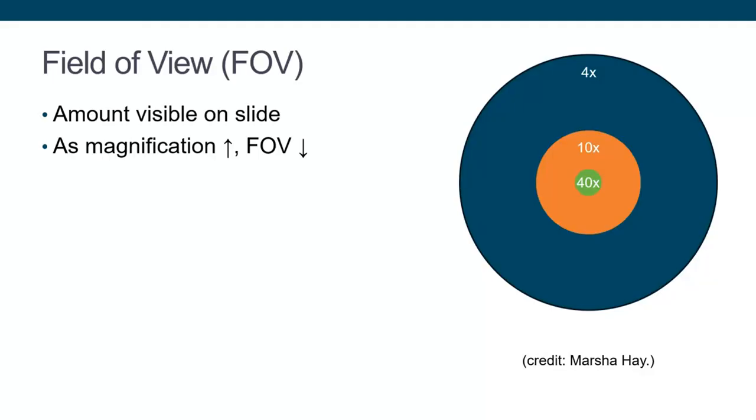So I drew these circles to show you how much space we lose as we zoom in on our specimen. So at 4x, we have a pretty big field of view. As we zoom into 10x, we then only see a small portion of that field of view. And then we move to 40x, where we are going to see an even smaller amount of the specimen versus 4x.